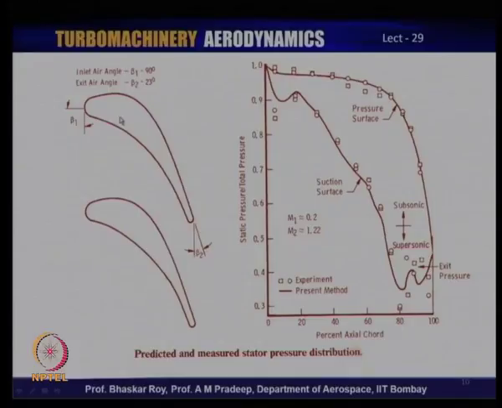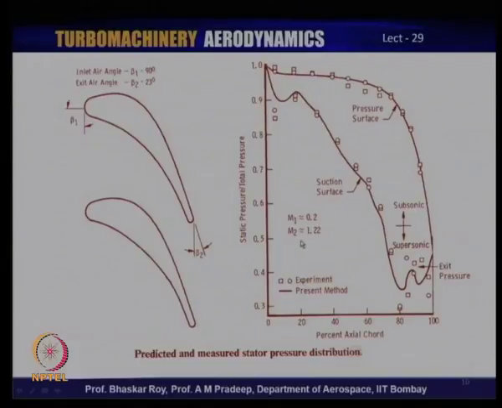The CP in cascade is quite different from the CP in an actual single aerofoil. So, you need to have the cascade static pressure to total pressure distribution decided upon. This is your pressure surface, this is your suction surface, and at the exit you may have some slight kinks over here, and finally, of course, they have to match.